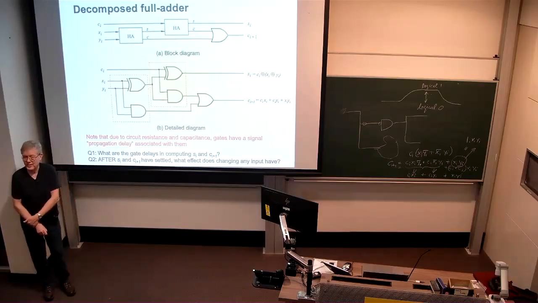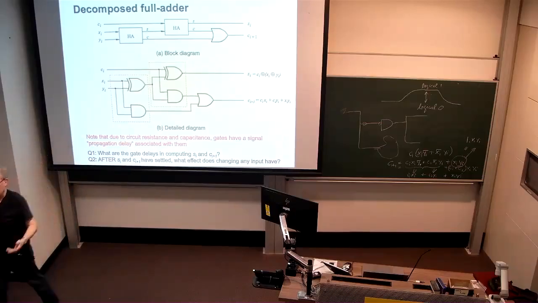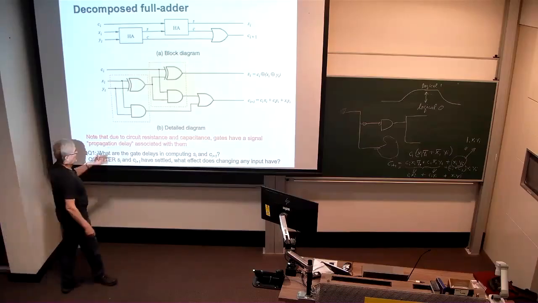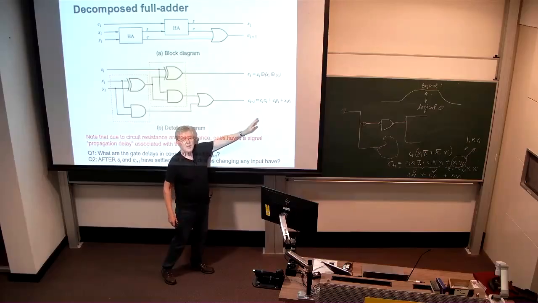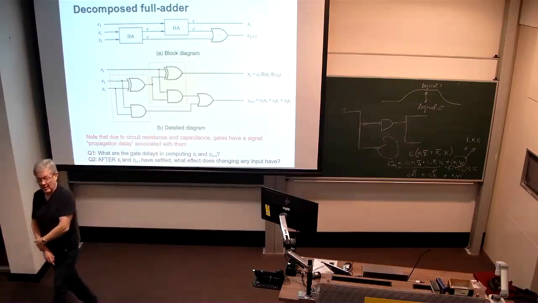Does that make sense? So if I change one of the inputs, what does that mean? How long does it take for those changes to be reflected in the outputs? And how does it look? Well, it would seem that it's going to take some time before CI changes, potentially, and slightly longer before SI changes, right?